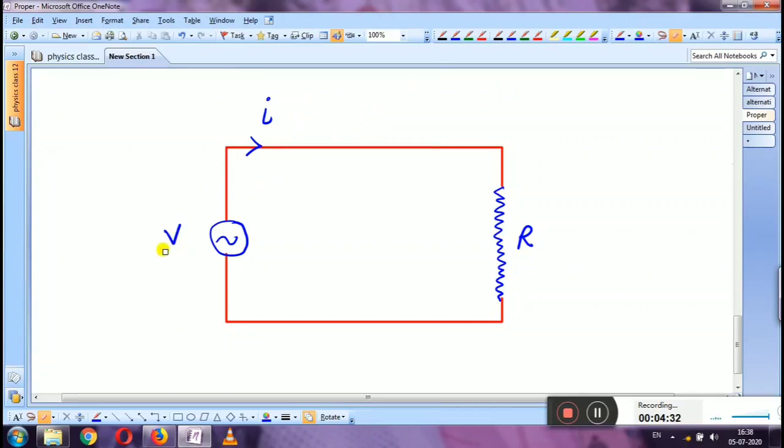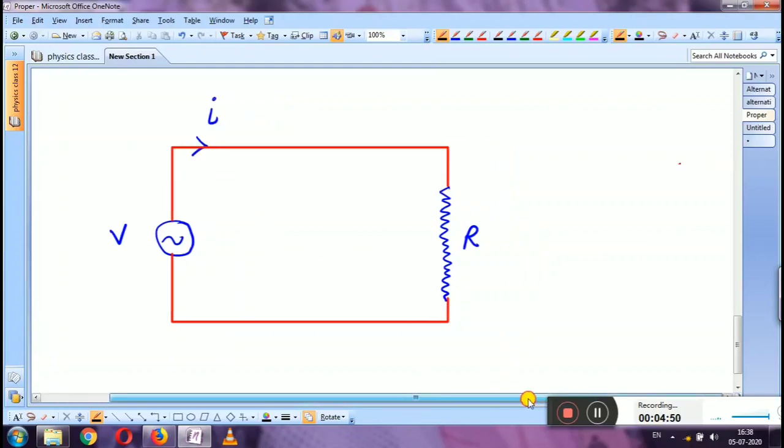So alternating voltage here we have applied to the resistor, circuit carrying resistor only. After this, what will we do? We will find out the value of alternating current, and that only will be our derivation. How can we find out the value of alternating current? Let us look at that.